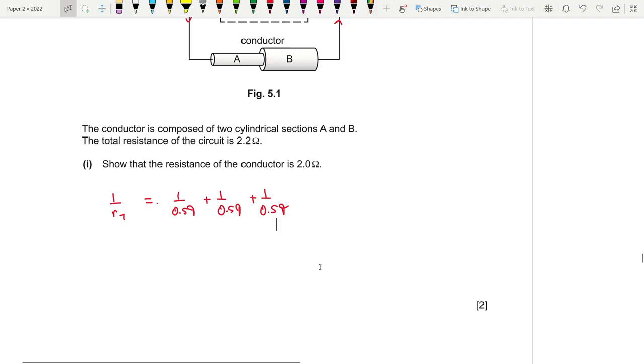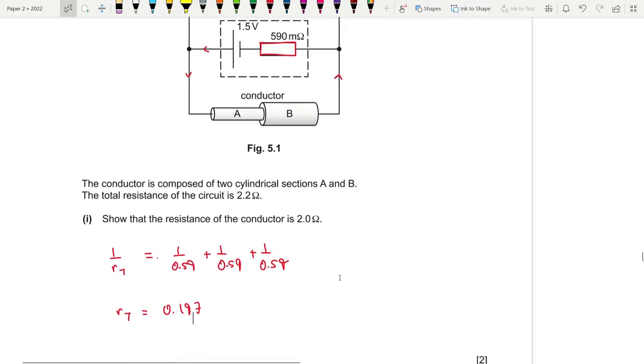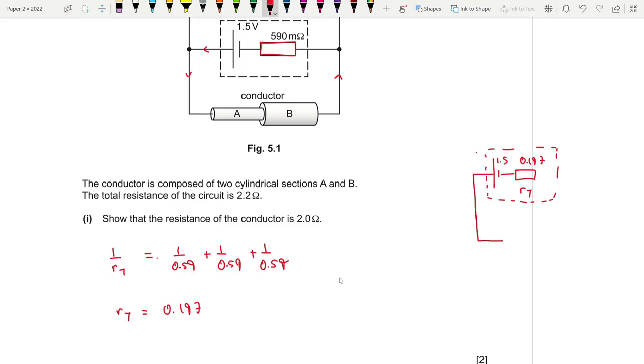So if you do that, 1 by 0.59 into 3 reciprocal gives you an answer of RT is equal to 0.197. Okay, so essentially it's a circuit like this. I combine the three batteries to give RT as 0.197. This is our combined effort. The EMF will still remain 1.5, and this is the conductor.